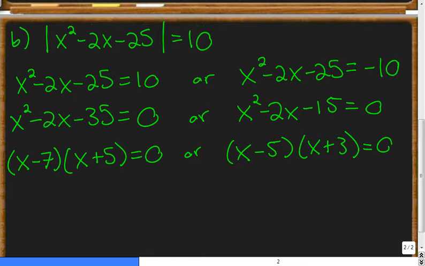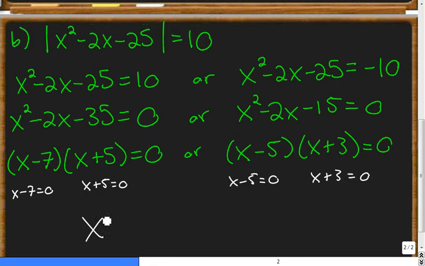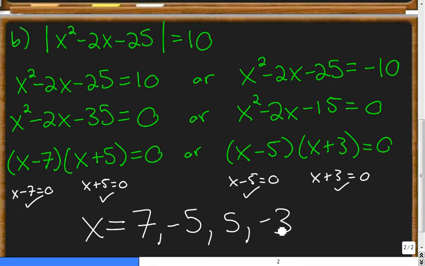And so my options now: x minus 7 can equal 0, or x plus 5 can equal 0, or x minus 5 can equal 0, or x plus 3 can equal 0. And so I'm going to get x equaling the following options. I can have 7, which comes from here. Negative 5 would work. 5 would work. And negative 3.